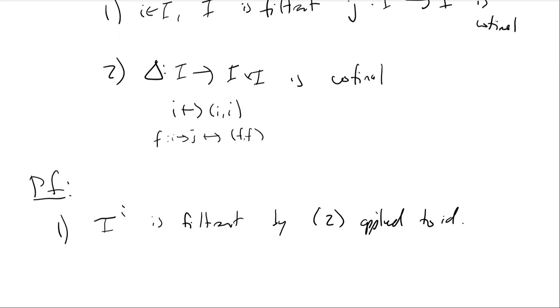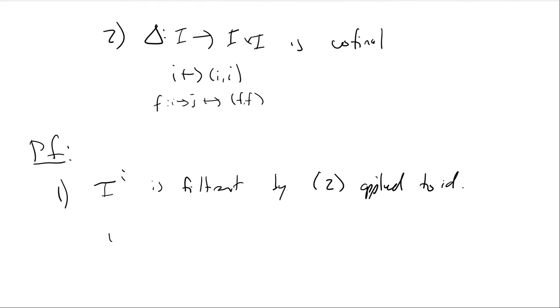To check that this forgetful functor is filtrant, again, we just check the definitions. So suppose we have an I1, and then for any such I1, we know that there's a K and arrows. I guess I should say for any I1, but also there's this specific i in the, I'm just getting a little tripped up in the notation. There's an i that's in the proposition, and I need to distinguish this from what I would normally just call i.